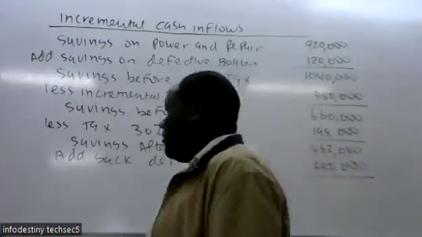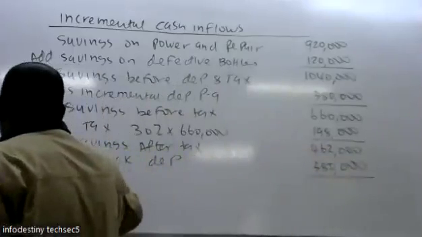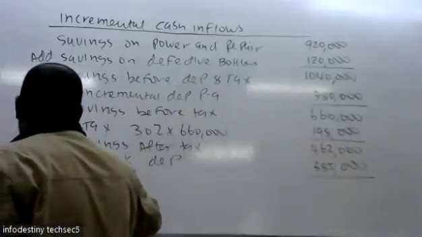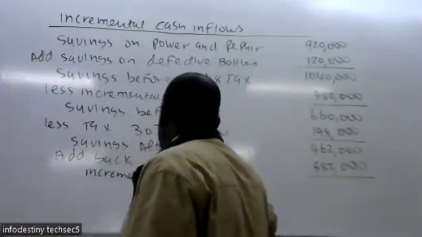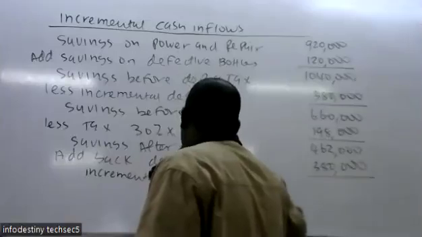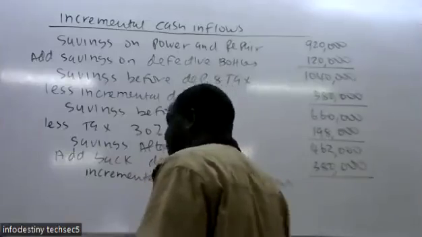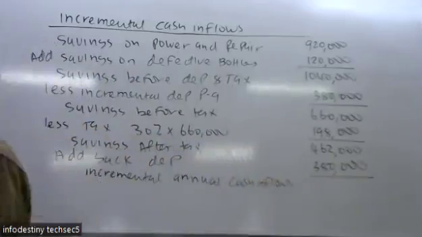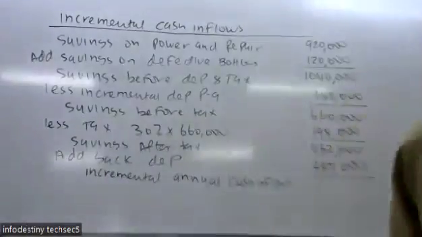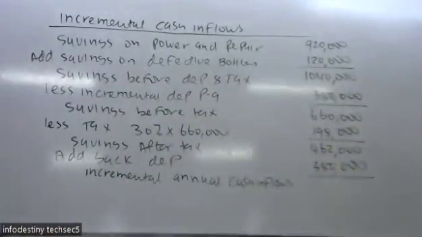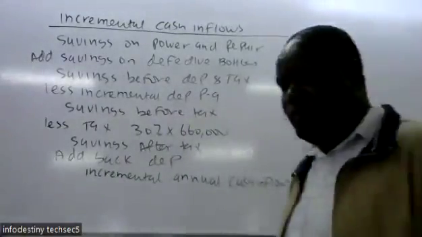So that's now your Roman letter 2: how to get the incremental annual cash inflows. So that was your Roman letter 2.